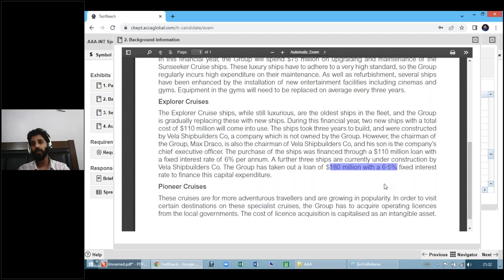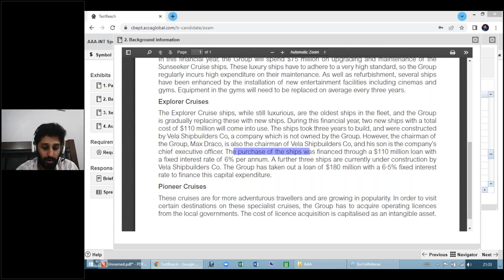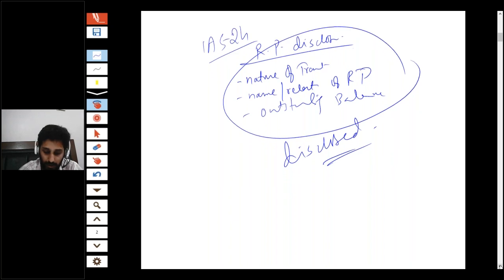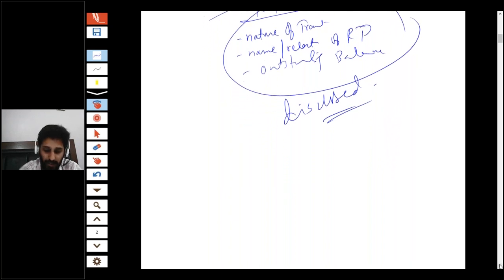And when should the borrowing cost be capitalized? When the activity starts. It's not 110 million into 6%. It's the purchase of the ships. The borrowing cost is applied on the qualifying assets.